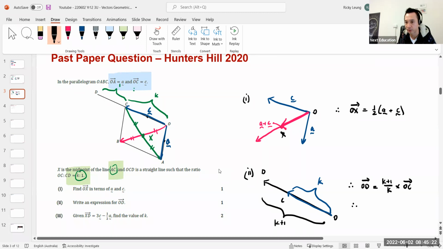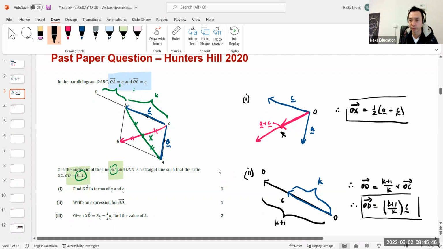So I know that OC is vector C. So that equals, I'll put a bracket, K plus 1 on K multiplied by vector C, piece of cake. How many marks is it in total? This is 4 marks here. So once again, a decent whack of your Extension 1 paper. Nothing too rocket science about that.